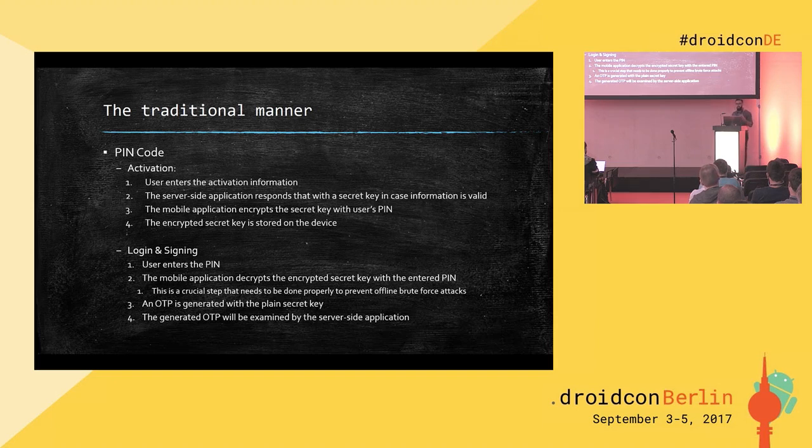In case of successful decryption, the mobile app can retrieve the plain text of the secret key and generate the OTP, and send the generated OTP along with other information, might be username, might be IBAN number, account number, or anything else, to the server-side application.